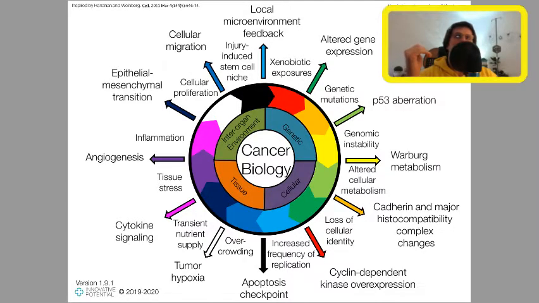So between the xenobiotic exposures in red and the cyclin-dependent kinase overexpression, also in red, that is cyclin E-dependent nicotine expression. So you inhale the nicotine, it acts on its own pathway that increases the level of cyclin. And cyclin E increases the frequency of cellular replication.